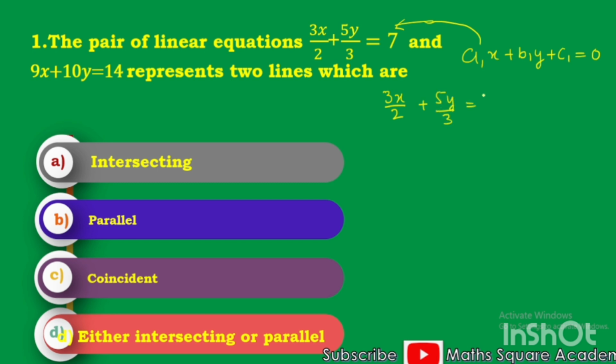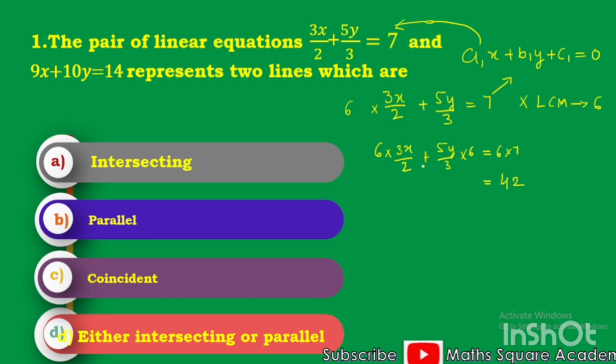We have to multiply by the LCM of 2 and 3, that is 6. So we multiply the given equation by 6, that is 6 into 3x upon 2 plus 5y upon 3 into 6, then 6 into 7, that is 42.